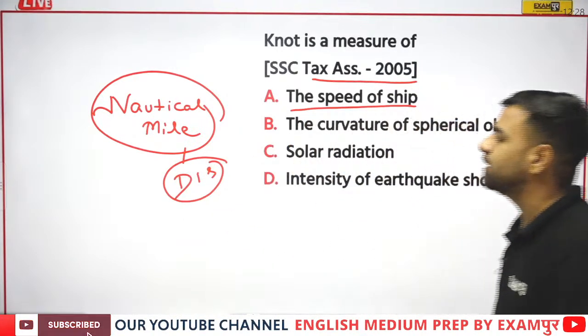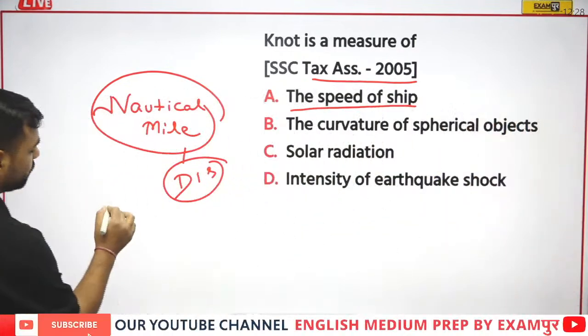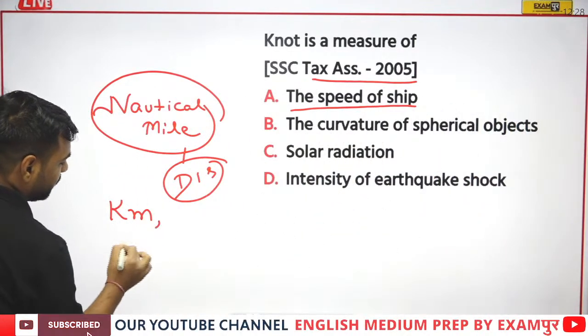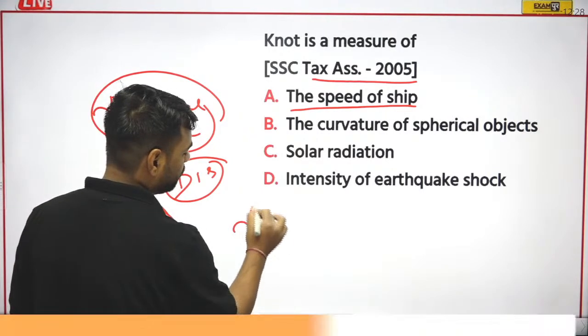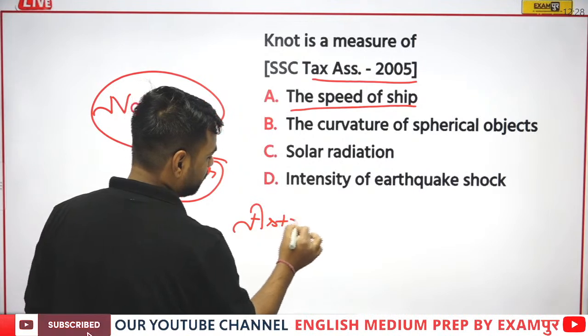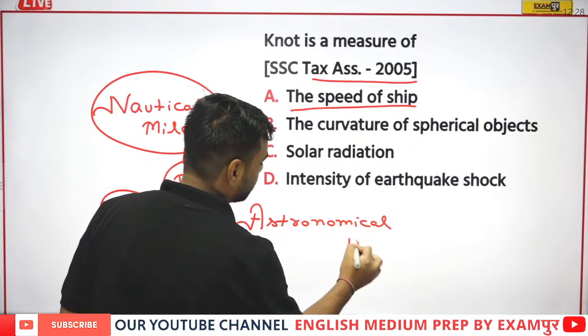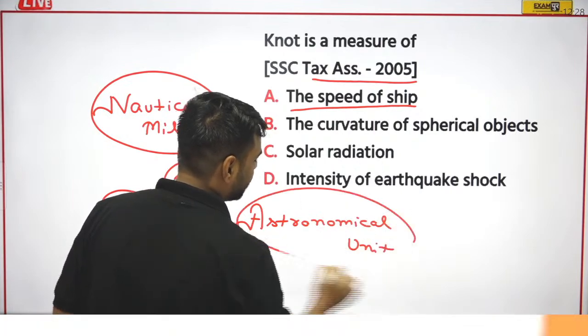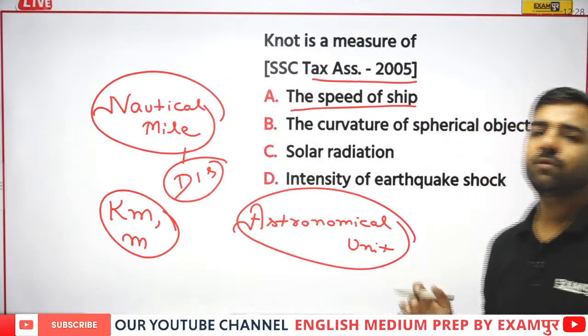Now one more thing is here. Can you tell me, for distance we are using kilometers, right? We use meters. So if I talk about astronomical unit, what does it measure? Can you tell me? This astronomical unit would be measuring what? Waiting for the answer.